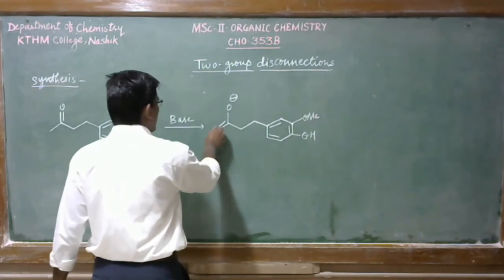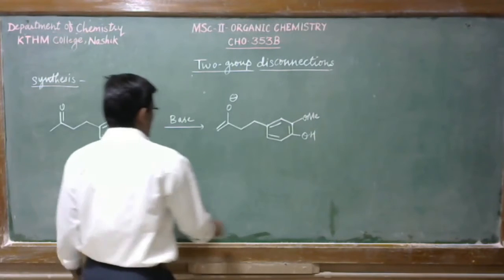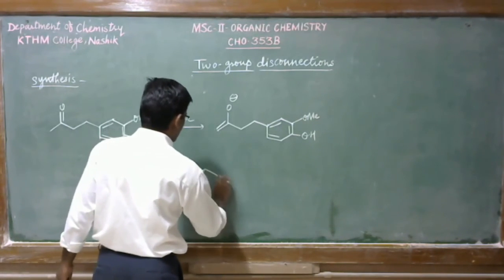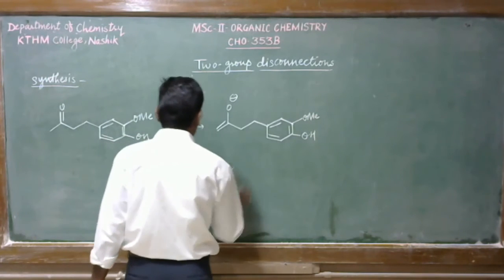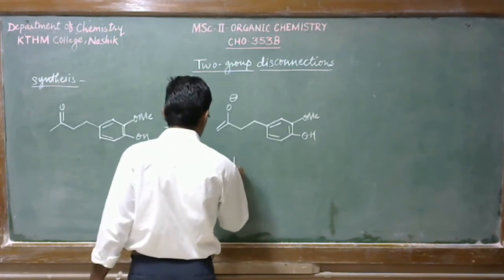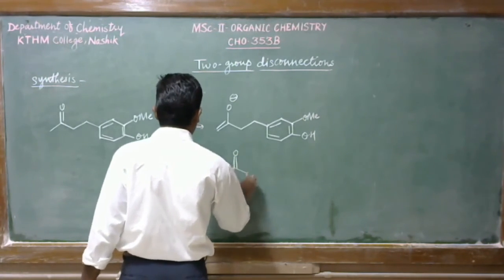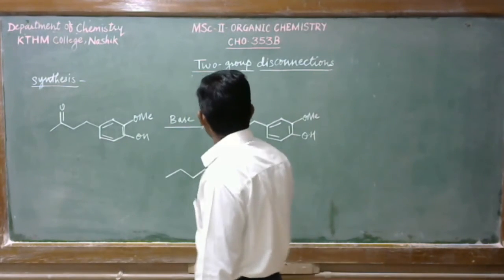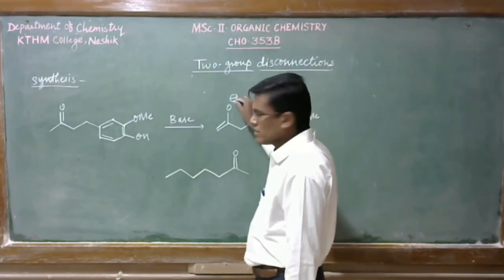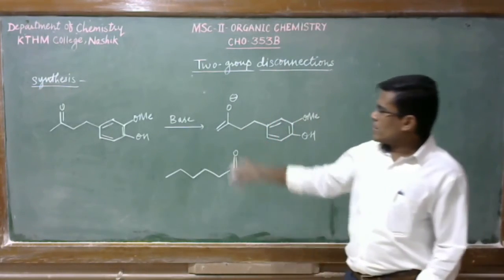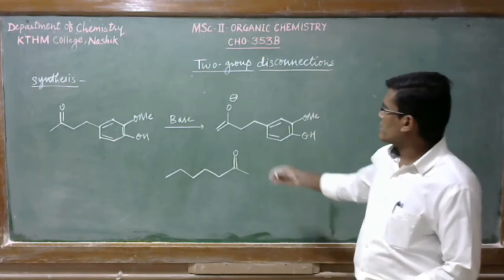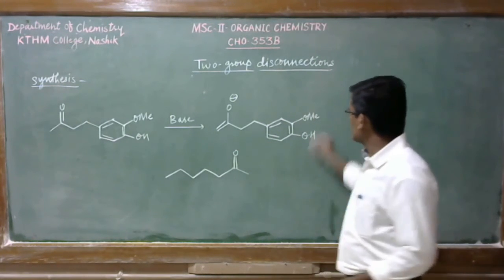This enolate will attack this aldehyde. So when you treat this ketone with base, it will generate this enolate.